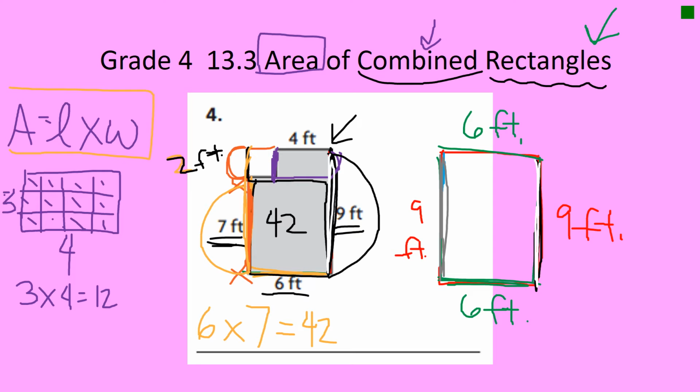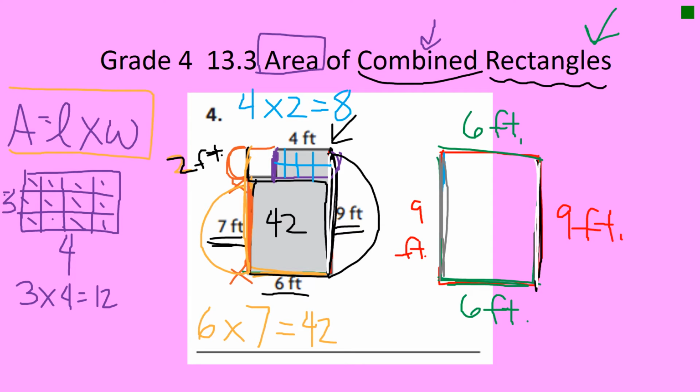So that little rectangle on the top has 4 feet in length times 2 feet in width. It's basically 2 rows of 4 feet. Okay, that's 8.